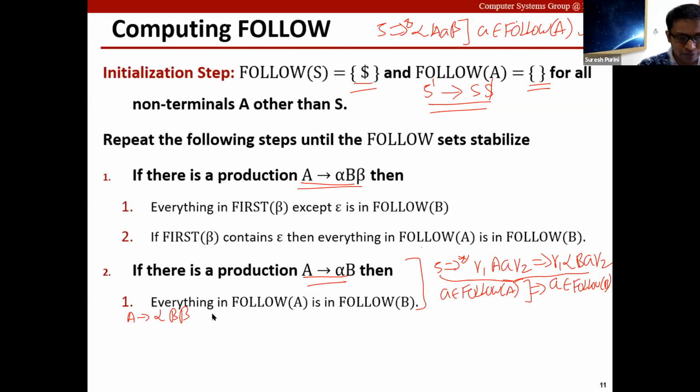So let's consider a derivation like this. And we have the substitution rule, alpha B beta. Let me check. So let's replace this A with alpha.